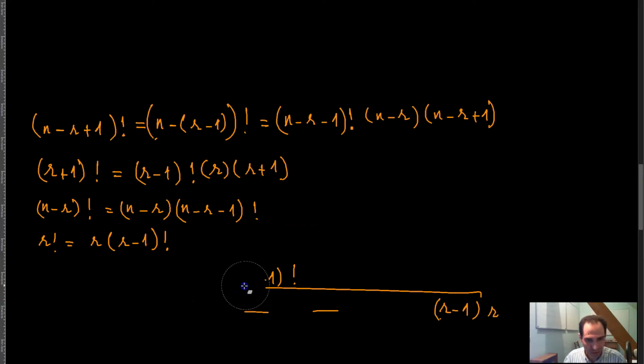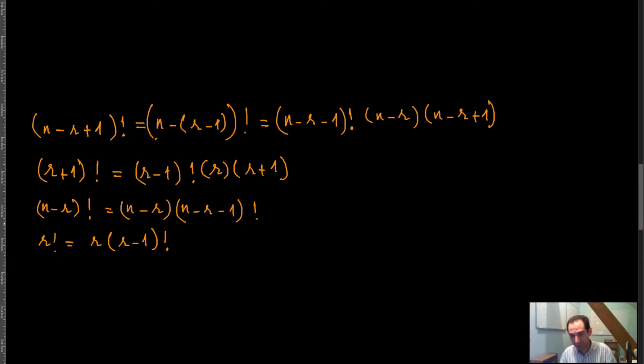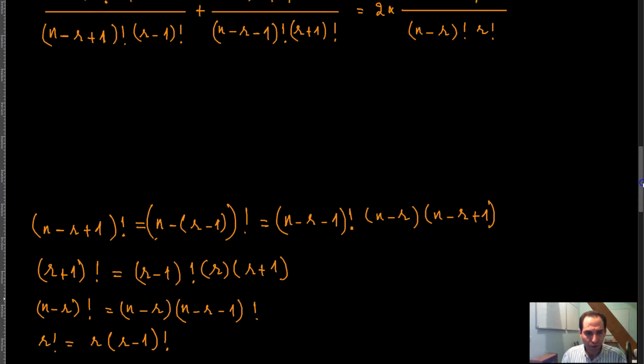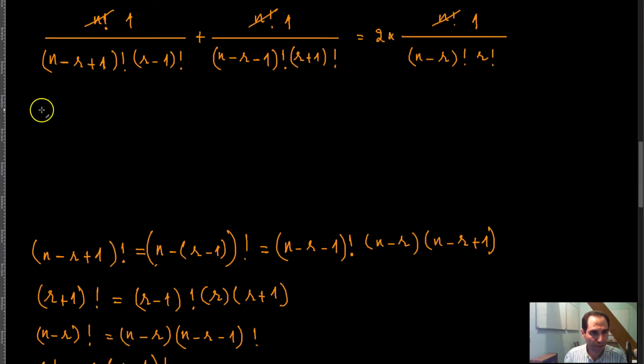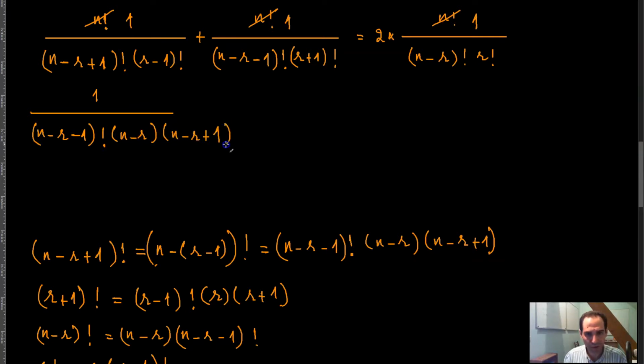Now with all of these, we can rewrite those fractions. So to rewrite those fractions, I can write this as 1 over, now n minus r plus 1 factorial, I can write it as n minus r minus 1 factorial times n minus r times n minus r plus 1, right?